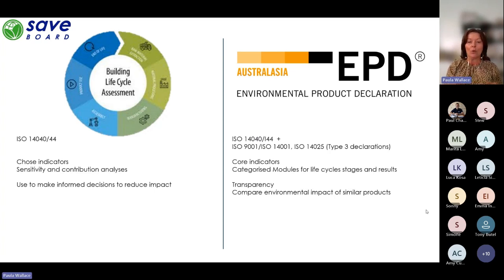An EPD will simply provide transparency of the environmental impact, but that impact could be great, could be good, could be bad, or it could be indifferent. But the data that is provided is in a consistent format so that you can easily compare.